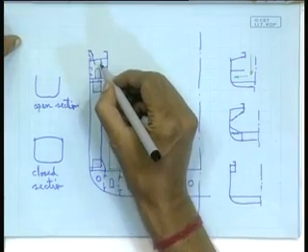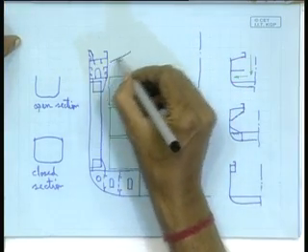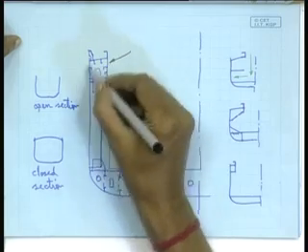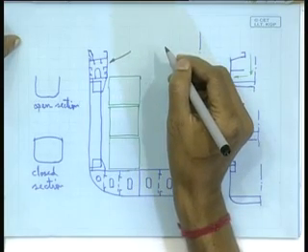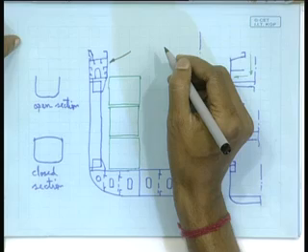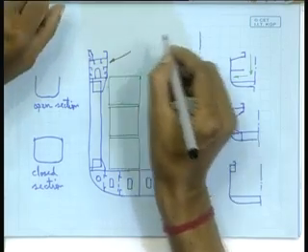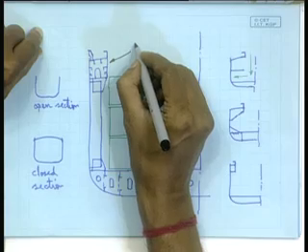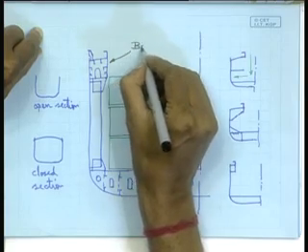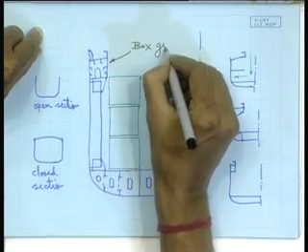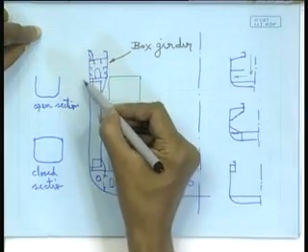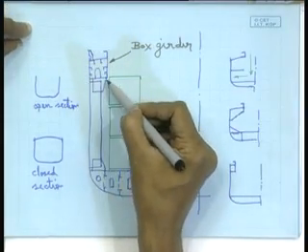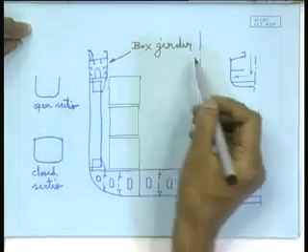Anyway, so what is done is, this particular arrangement, as you can see at the top, this full thing taken together, right, it is referred to as box girder.